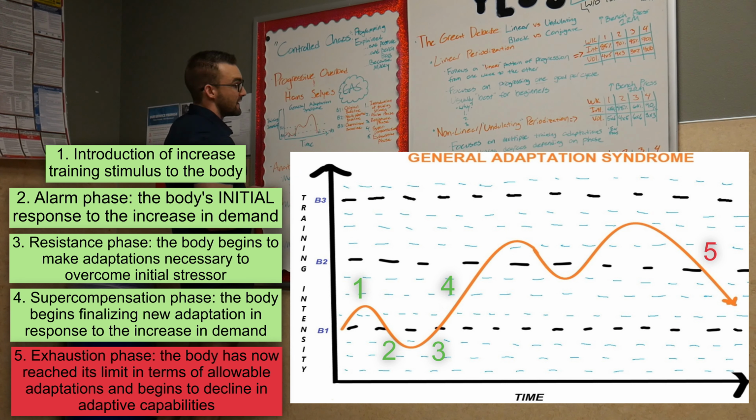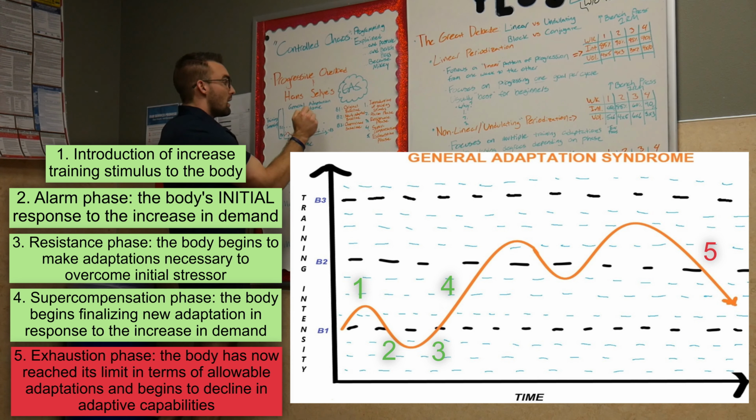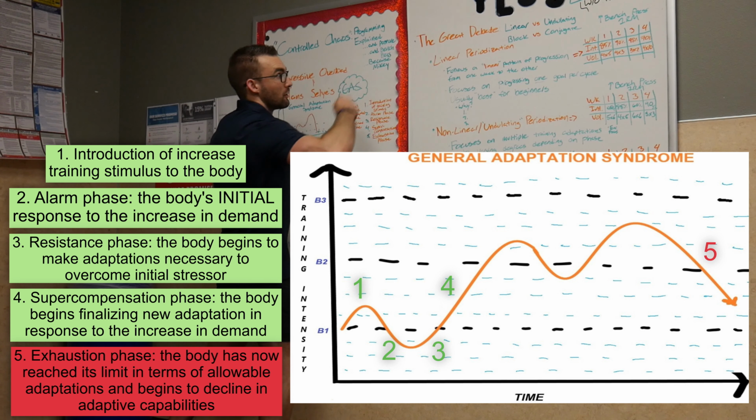So this exhaustion phase is exactly what we're trying to avoid, trying to avoid dipping down below not only baseline 2 that we newly adapted to, but especially avoid dropping below our original baseline. This can happen because of injury, or just because of overtraining. But this exhaustion phase is exactly what we're trying to avoid by going through the rest of this.